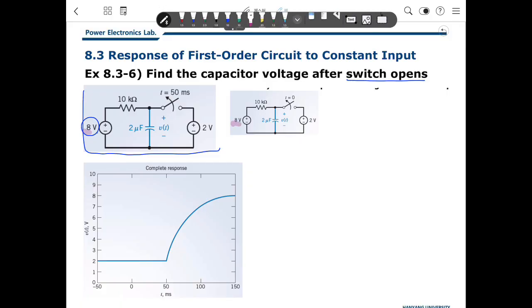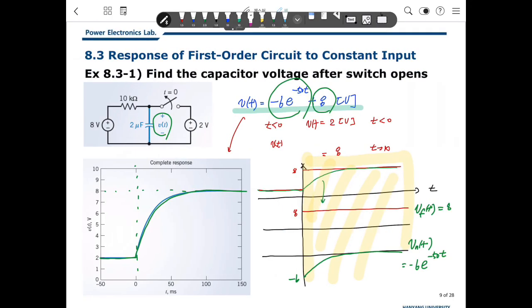This is 8 volt, and 10 kilo ohm, and 2 microfarad, and 2 volt here. But the important thing is, in the previous example, the switch opens when time is 0. But in this case, the switch opens when time is 50 milliseconds. There is only this difference between the 2 examples.